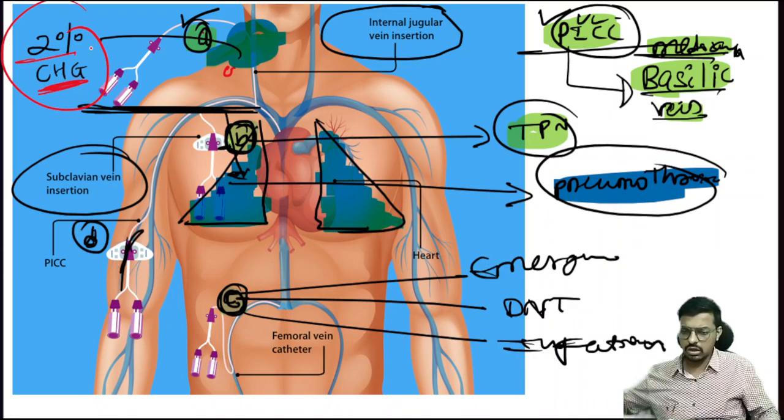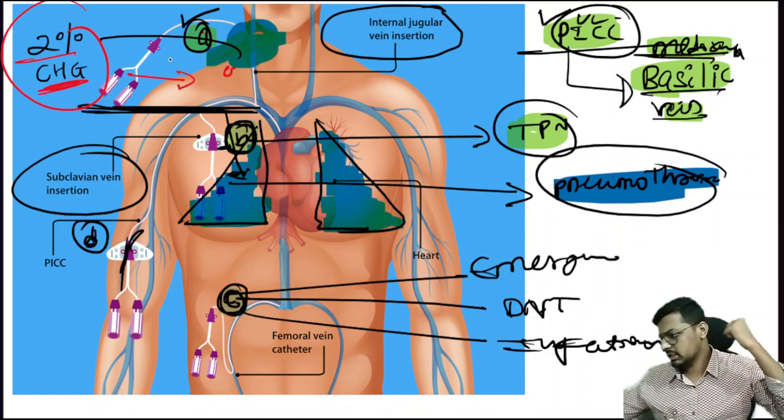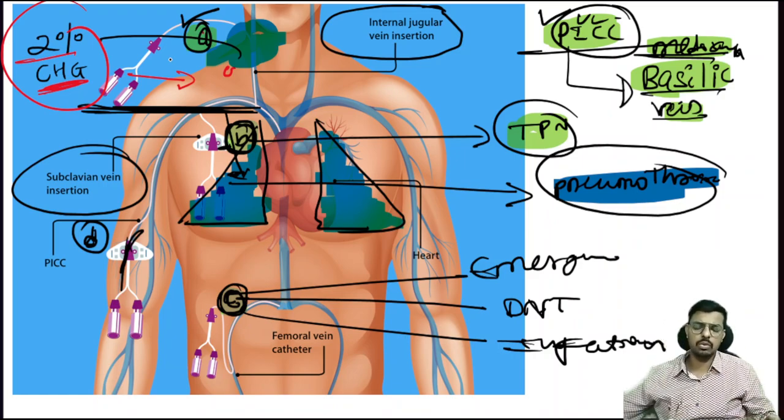Okay, the next golden point: if I am not using the CVP line, how often do I have to give the flush? I have inserted the CVP line but I am not using it now. Every 24 hours we have to give the flush, and the preferred fluid is 0.9% normal saline.